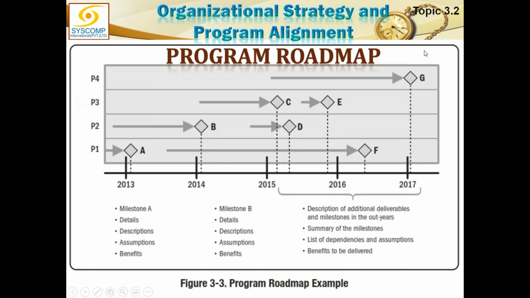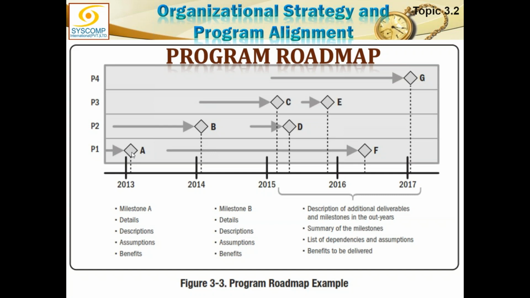Okay, this diagram here shows the roadmap. These are the milestones, just like a timeline. The arrows may be the projects P1, P2, 3, 4, and these are the timelines, and these are the controlling milestones where some achievement would be delivered.